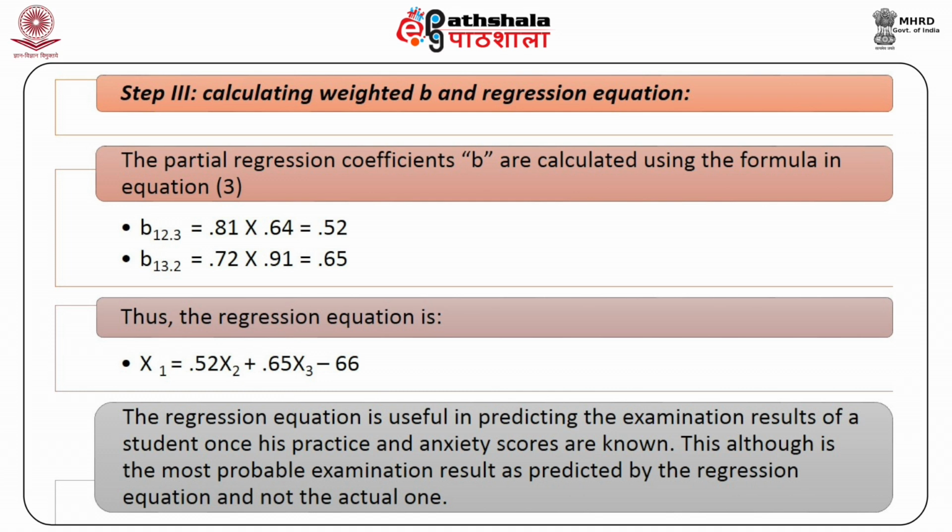The regression equation is useful in predicting the examination results of a student once his practice and anxiety scores are known. This, although, is the most probable examination result as predicted by the regression equation and not the actual one.